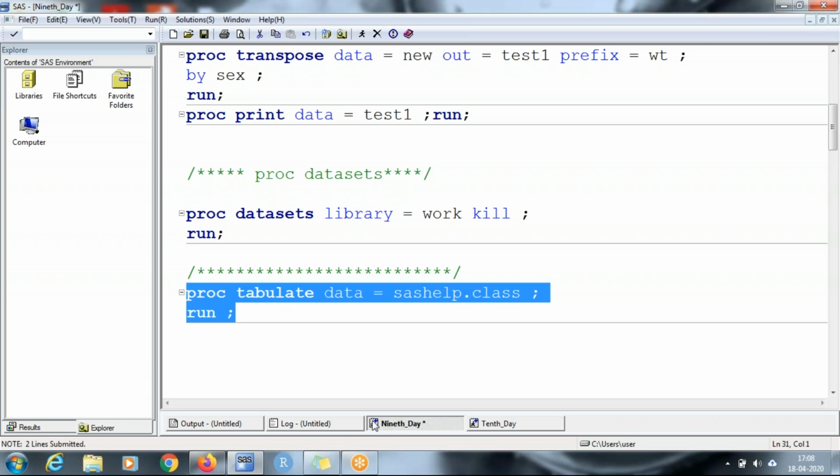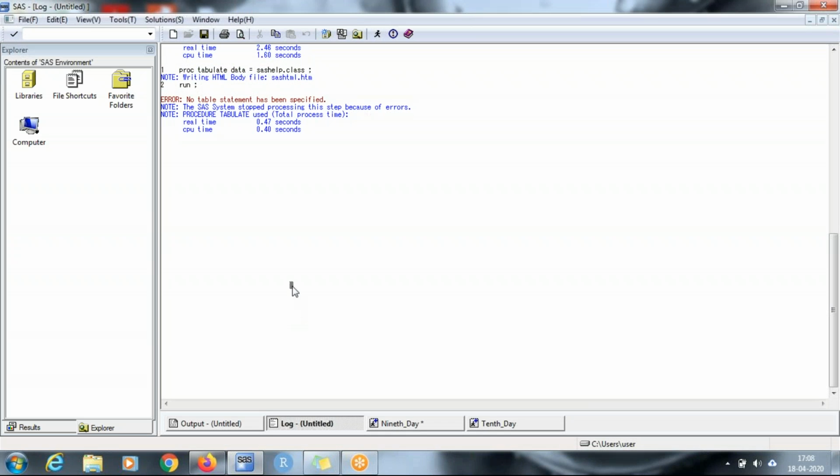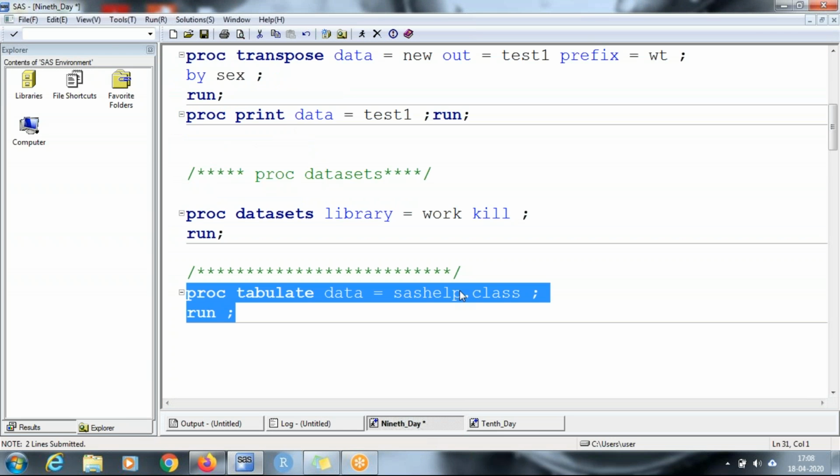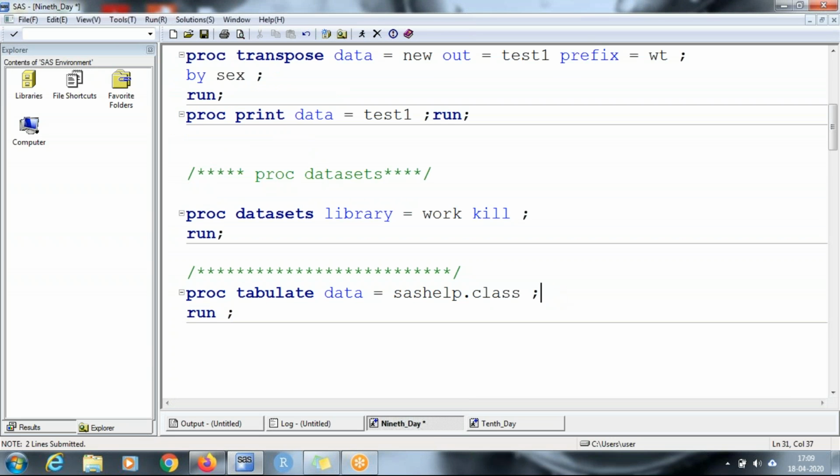Once you run this, it will show you an error, right? Now, if you go to this error message, it is showing you no table statement has been specified, which means that we need to define some table statements.